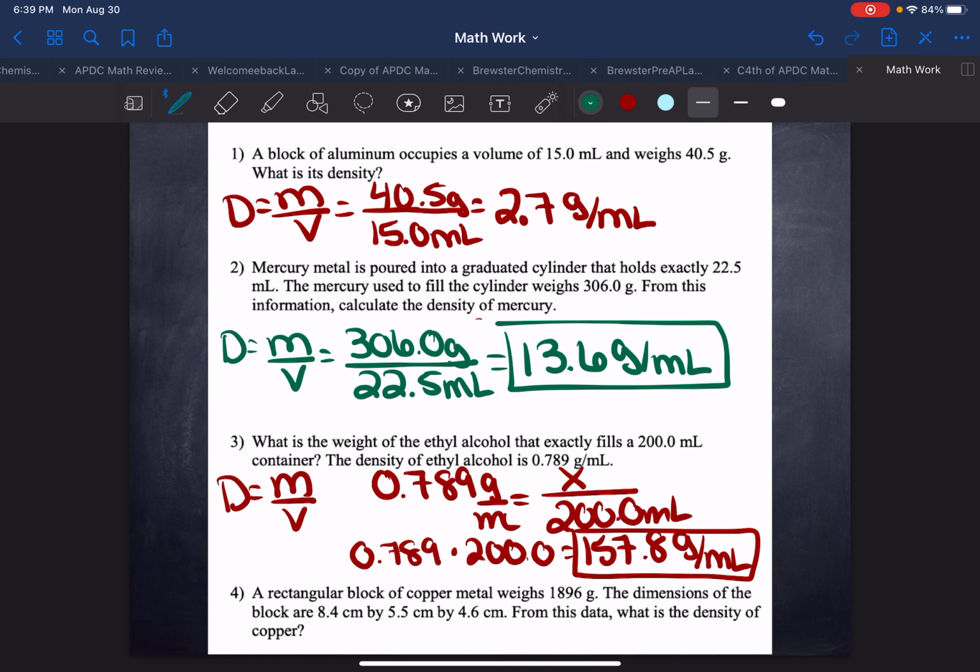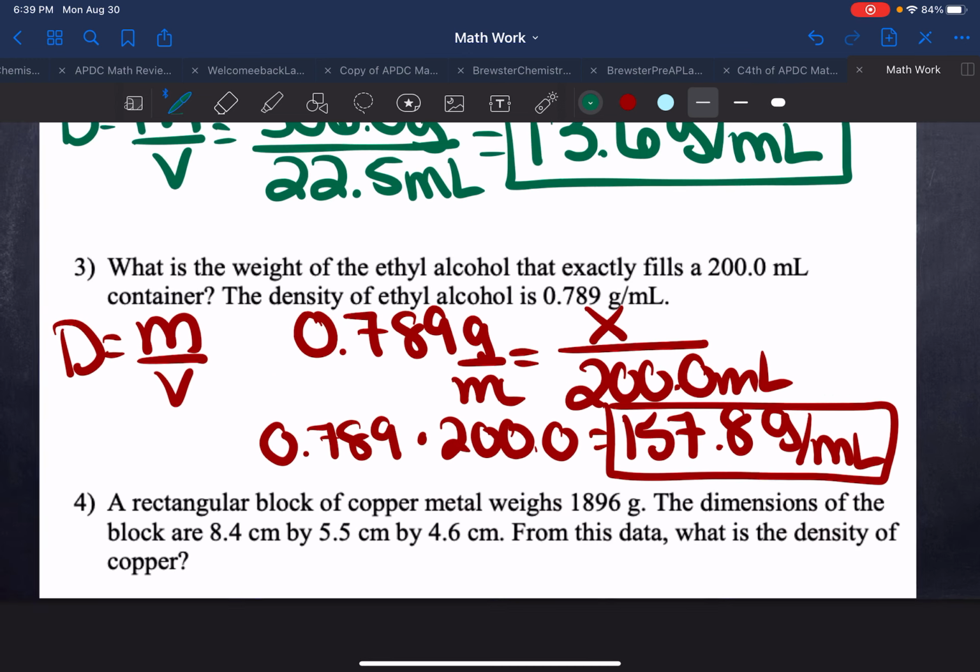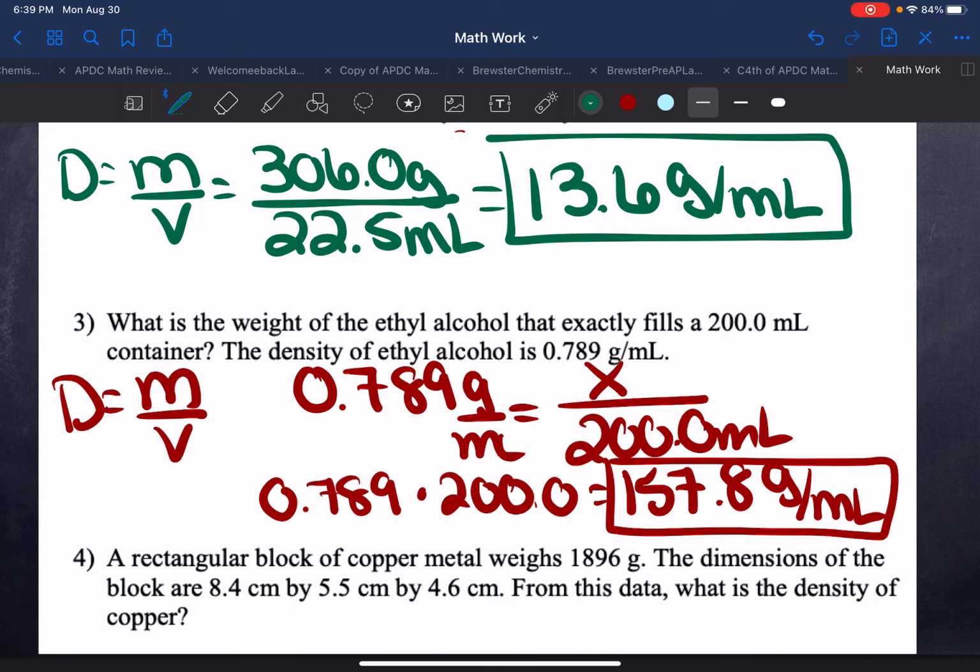Final problem. Same formula, density equals mass divided by volume. It just happens that this time I have this rectangular block. It weighs 1896 grams. The dimensions of the block are 8.4 by 5.5 by 4.6. That's your volume. So I need to do a pre-calculation here.